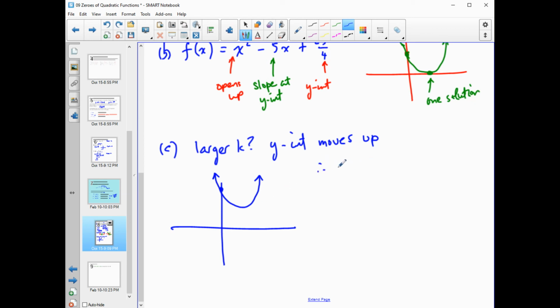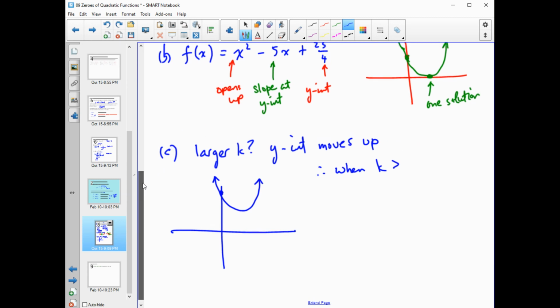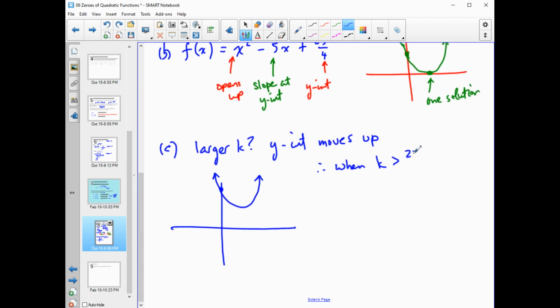Therefore, when we use a larger k, in other words, when we use a value of k that is larger than, what was it, 25/4, the number of zeros is 0. Or there is no solution. I think I like that better.